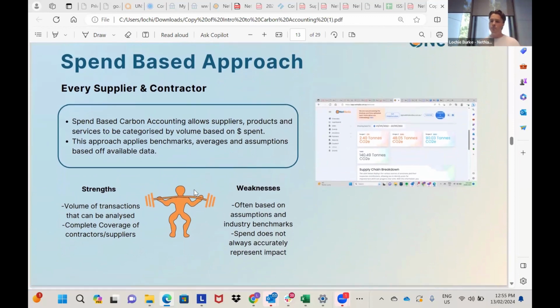So as I've briefly touched on there, the strengths and the weaknesses of our spend-based approach: you can obviously transfer huge amounts of data and look at huge volumes of activity through the spend-based approach. And this allows a complete coverage of your contractors and suppliers, or a complete coverage of your overall emissions.